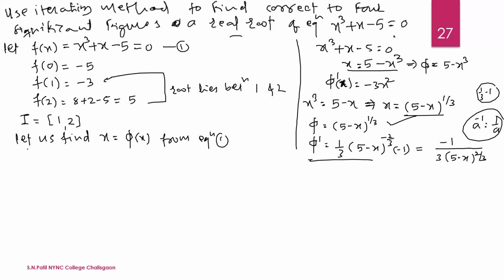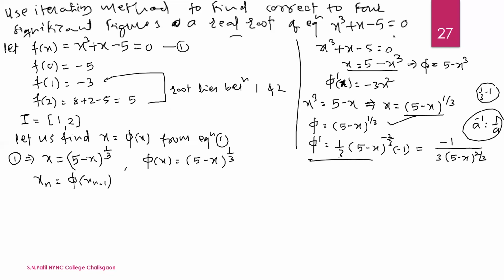So here, from equation 1, we select x is equal to 5 minus x raised to 1 by 3. Okay, that is the phi function is 5 minus x raised to 1 by 3. Okay, what is the general formula? xn is equal to phi of xn minus 1.